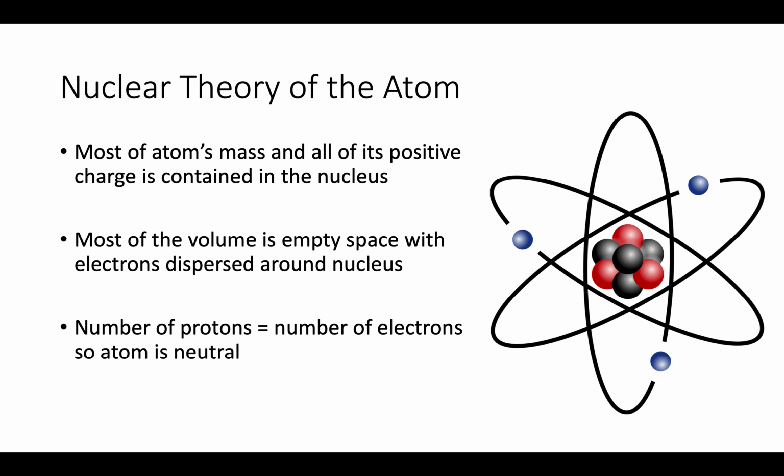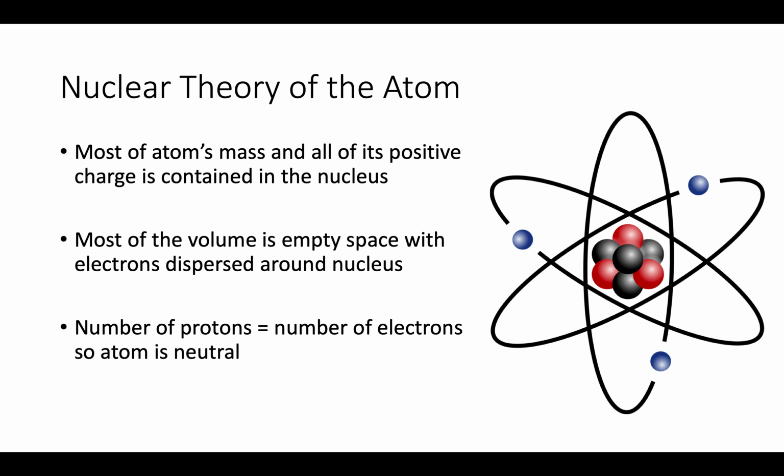That led to the nuclear theory of the atom, which states that A, most of the atom's mass and all of its positive charge are contained in the nucleus. B, most of the volume is empty space, with electrons dispersed around the nucleus. And C, the number of protons is equal to the number of electrons, so that the atom is neutral. Remember, that's how scientists realized that there had to be positive charges in there in the first place.